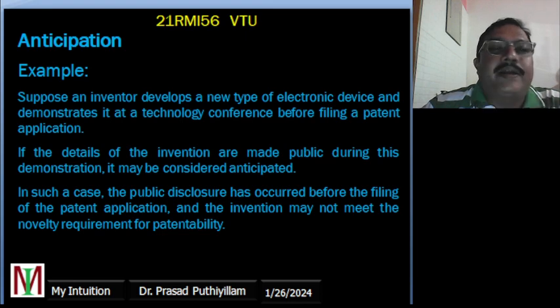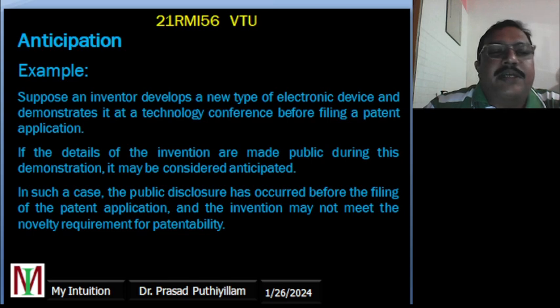Suppose an inventor develops a new type of electronic device and demonstrates it at a technology conference before filing the patent application. It is anticipated already. It cannot be considered for a patent. If the details of an invention are made public during this demonstration, it may be considered anticipated.